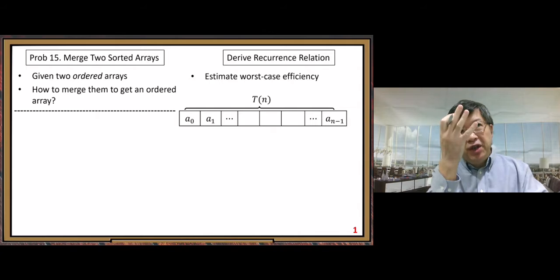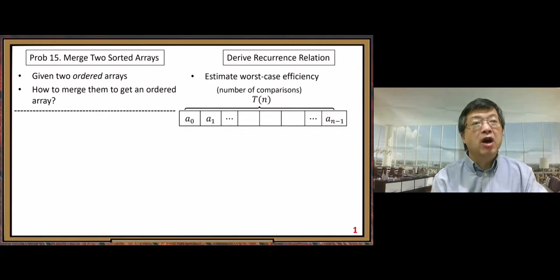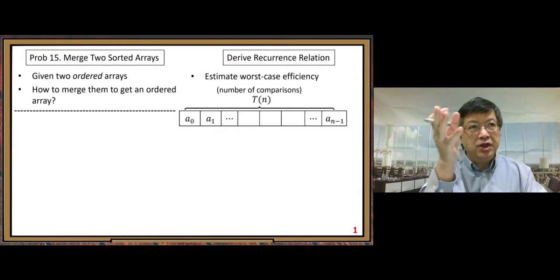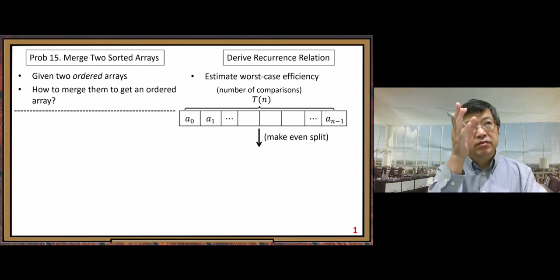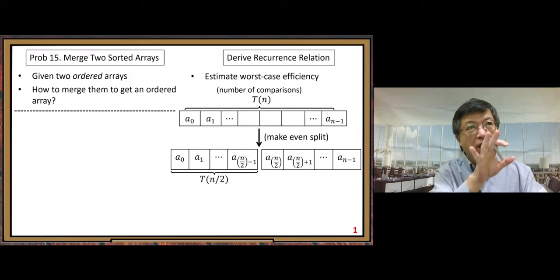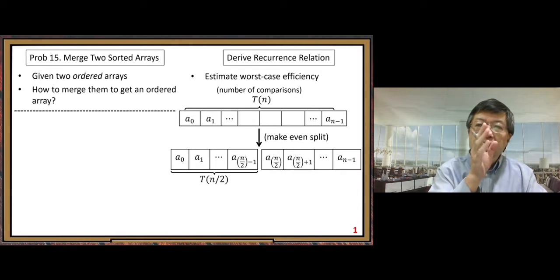We use this T function, T of n, to represent the number of comparisons to sort the whole array using merge sort. Then we do divide and conquer with an even split. So we get 2 subarrays, each approximately half of the size, n over 2, T of n over 2.